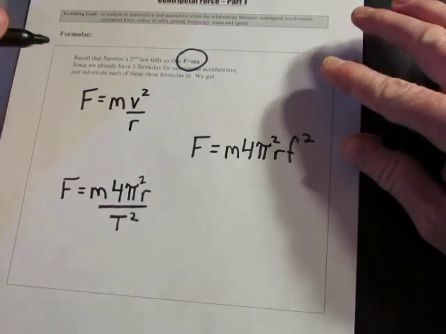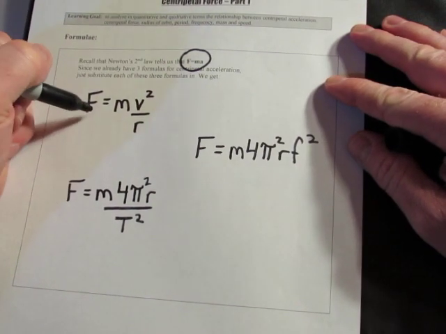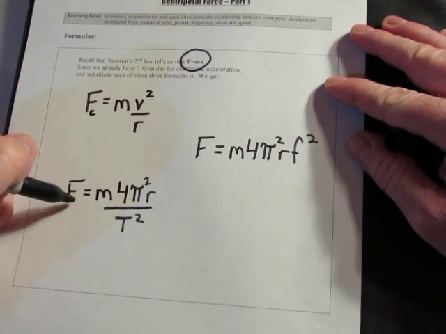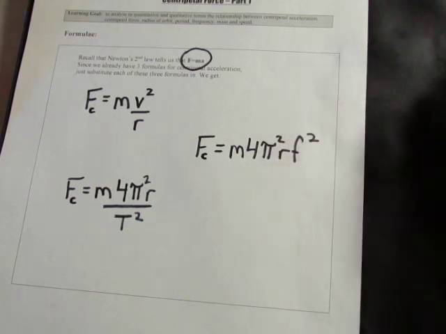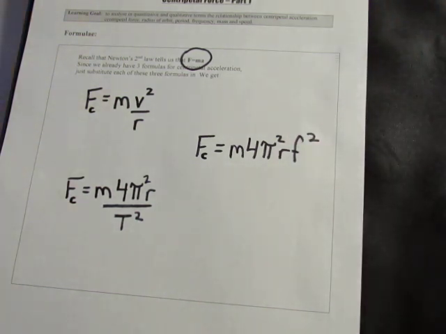So doing the same thing, you'll usually see centripetal force formulas written with a capital C in the lower right-hand corner, just to remind yourself that it's a centripetal force formula and not friction or normal force or some of the other forces that we'll use.